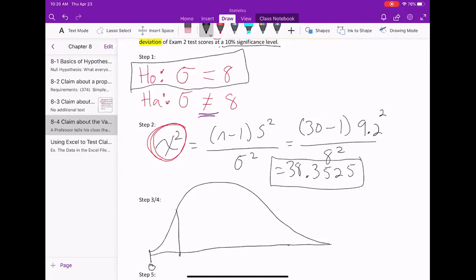Not equal is a 2 tail. If alpha, my significance level, is 10%, how much is in each tail? 5 in each. So I color this one, it's 5%. I color this one, and it is 5%. Now what do I do?